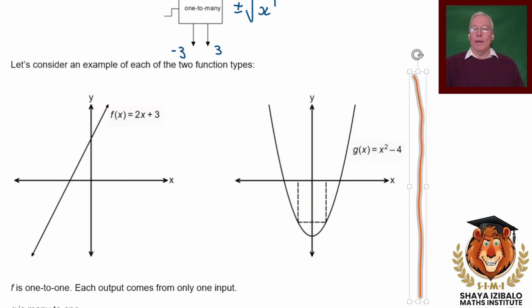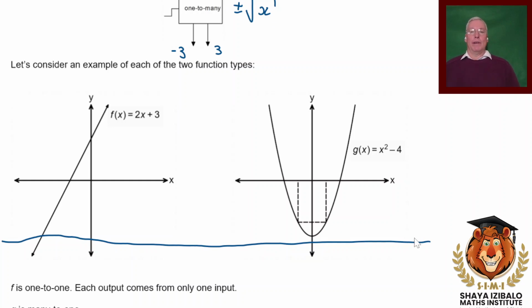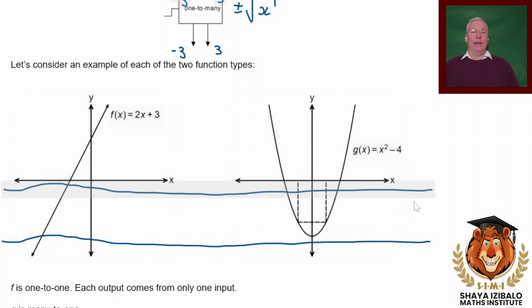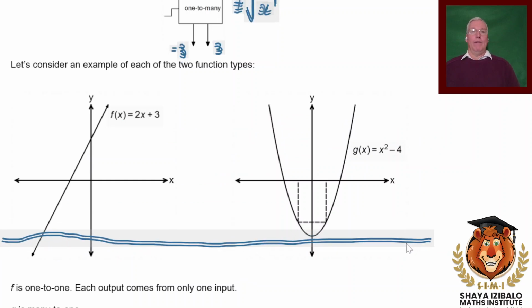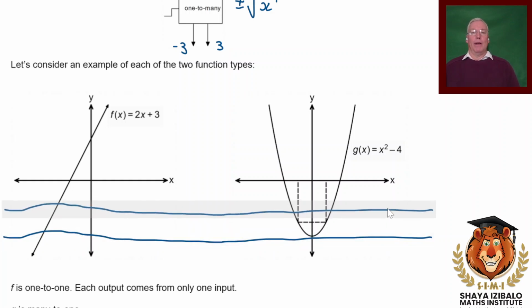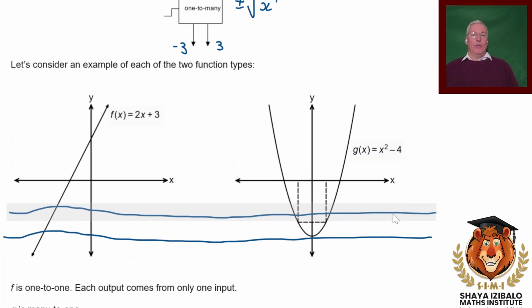However, the one on the left never cuts the horizontal line at more than one point at a time. The one on the right actually does. It cuts twice. That is a many-to-one function.